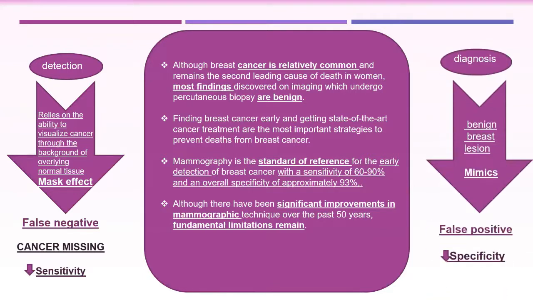Today, we are going to talk about the diagnosis and the ability to differentiate benign from malignant, and what might mimic breast cancer and result in a false positive result, reducing the mammographic specificity. If I ask you about this lesion, could you differentiate which one is benign and which one is malignant?